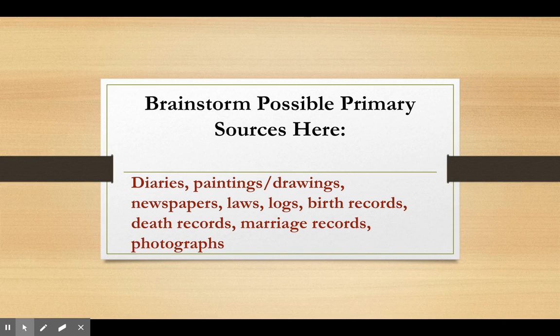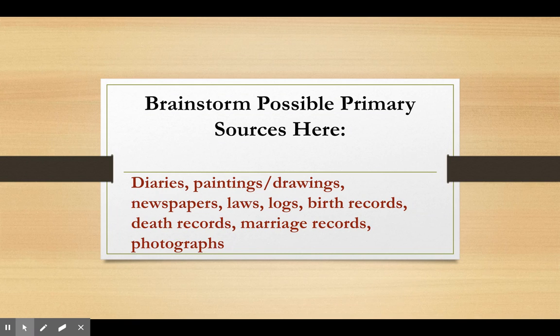Paintings and drawings done at that time. Newspapers, if they're talking about an event that just happened, and the reporter was at the scene and talked to people who were there, or the reporter maybe saw it, that makes it a primary source.